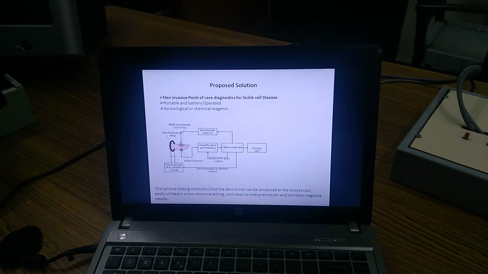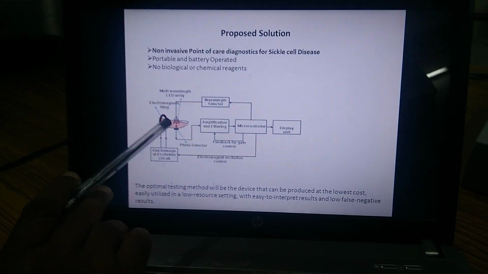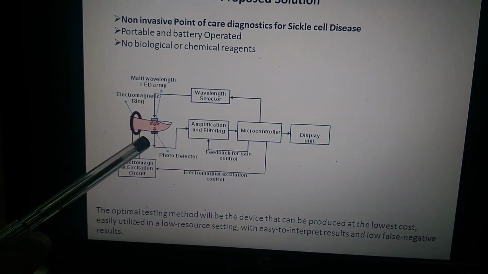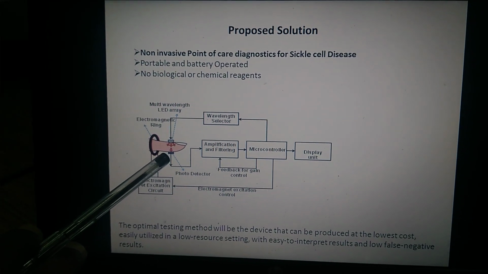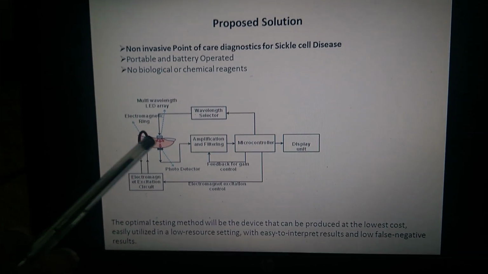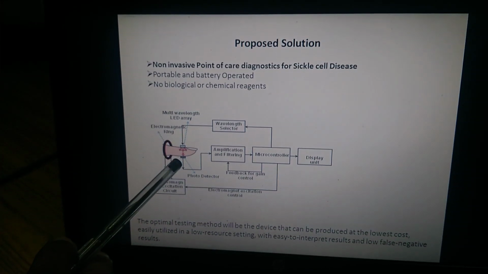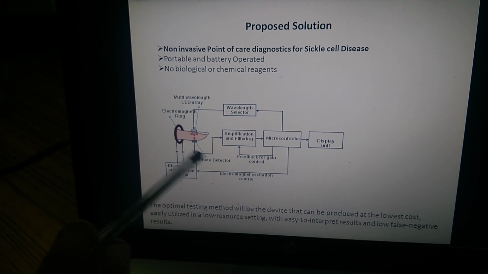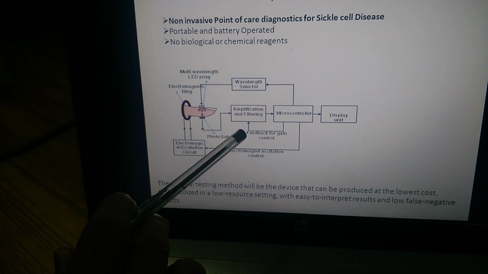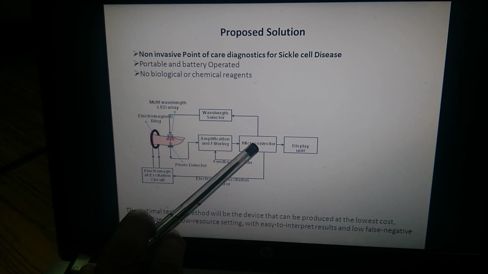Coming to our equipment, here we are using four different wavelength LED sources, and a sensor photodetector, and these LEDs glow one after the other at a predefined rate set by the microcontroller. We take the absorption from the photodetector, whose output is amplified and filtered to avoid noise, and then provided to the microcontroller.